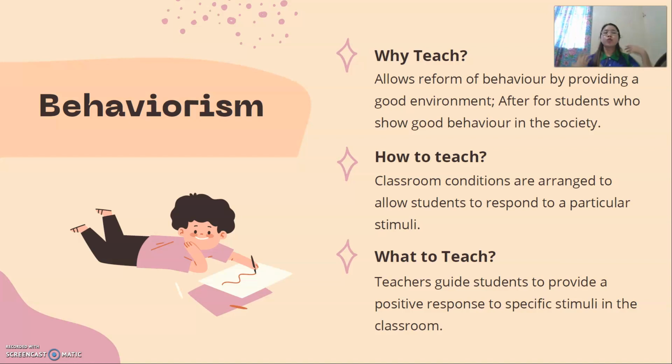That's one of the particular stimuli in the classroom, so the students will be able to develop this ideal behavior. And then, what do we teach? Teachers guide students to provide a positive response to specific stimuli in the classroom.